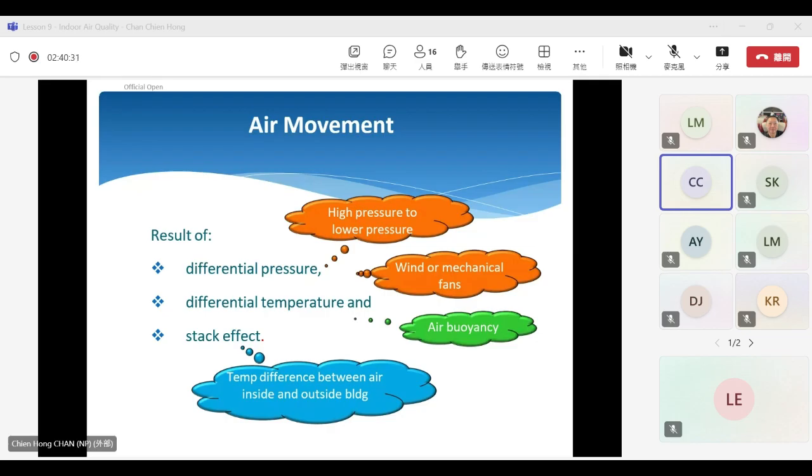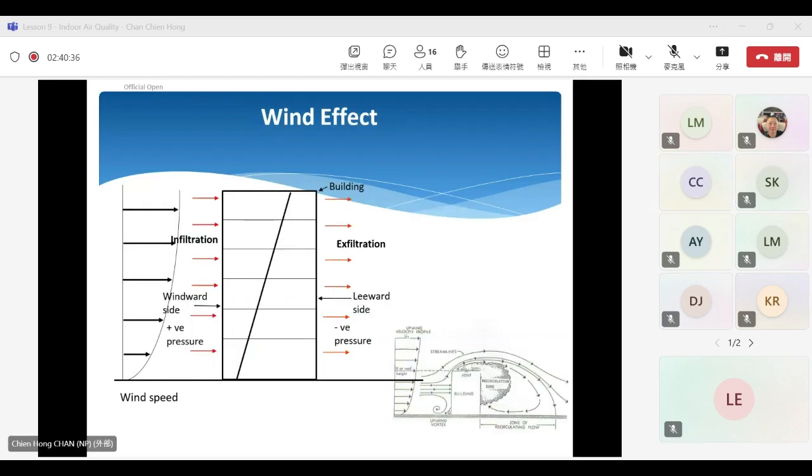That's a result of the stack effect. And of course, the wind effect also plays a part, causing the air to come in from a certain direction, and the other side of the facade tends to experience exfiltration.